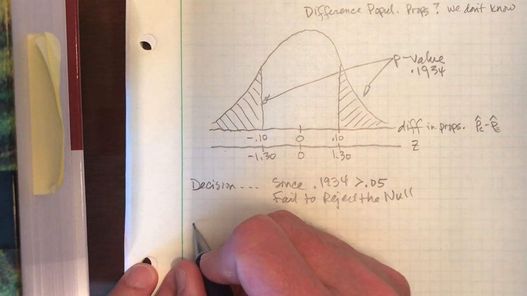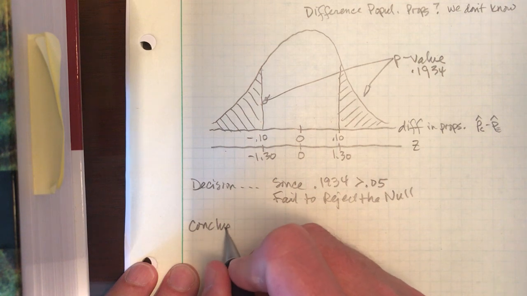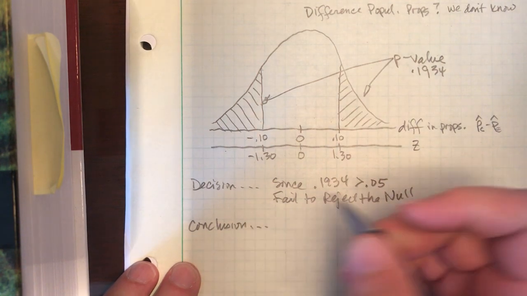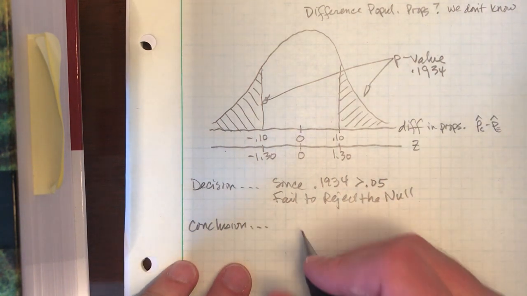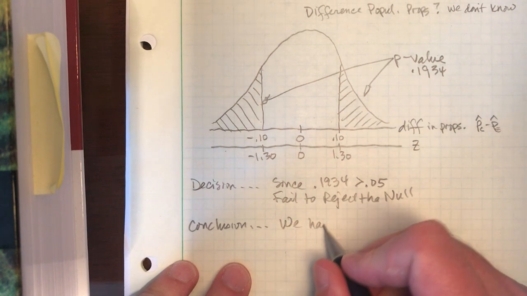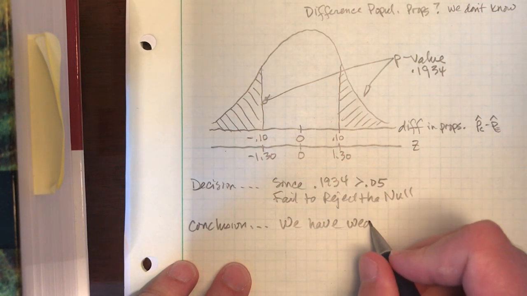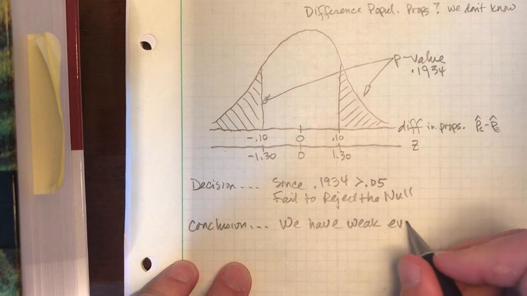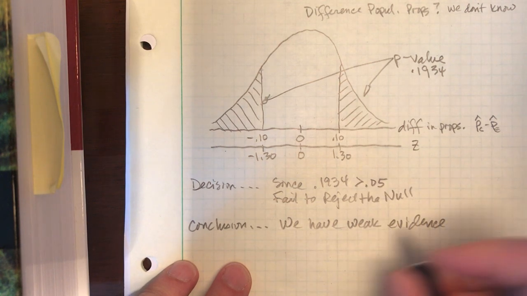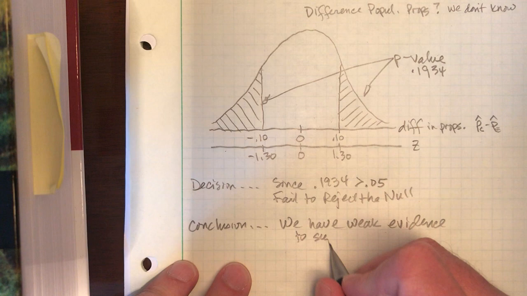So what's my conclusion? Is we have weak or insufficient evidence to support the alternative.